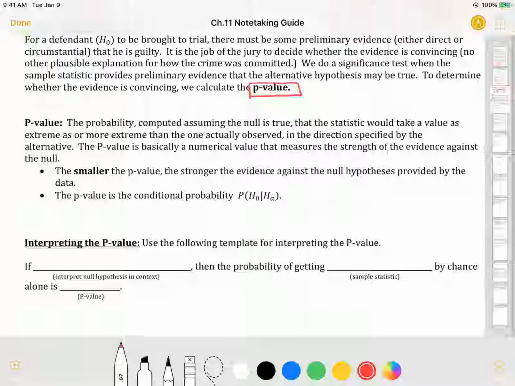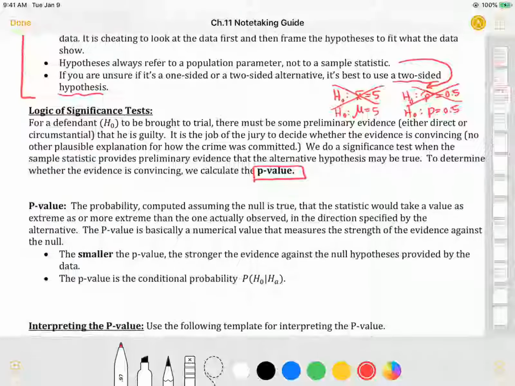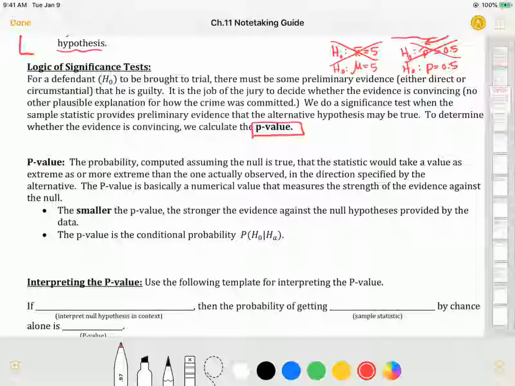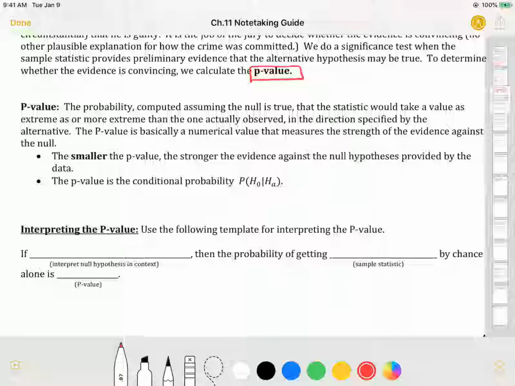When we look at a p-value, the p-value is the probability, and this is computed assuming that the null is true. So it's like we're assuming that this person is innocent. It's the probability, assuming the null is true, that the statistic would take a value as extreme as or more extreme than the one actually observed.